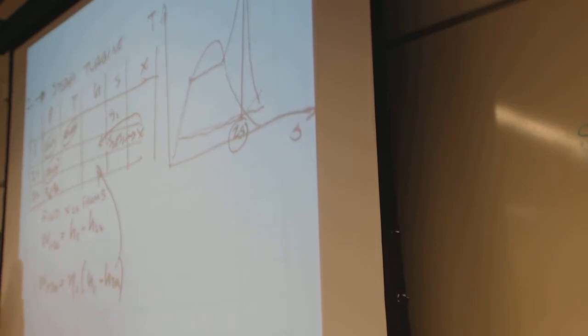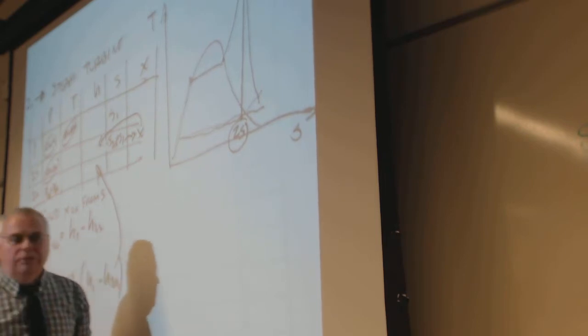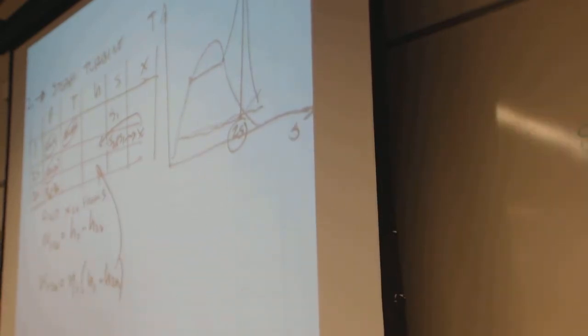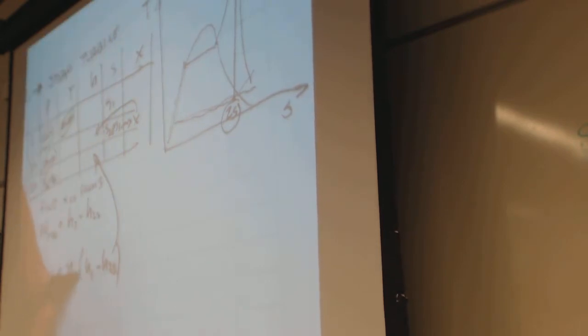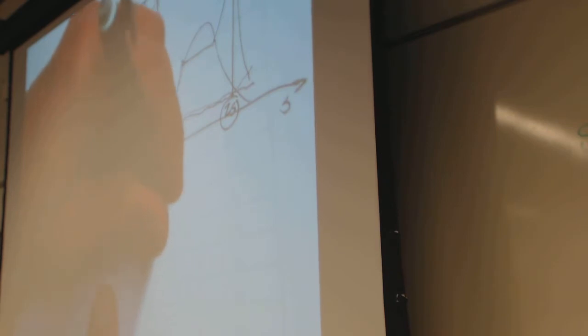Oh, wait a minute, I wrote something wrong there. Time to correct. H1 minus H2S times the efficiency gives you the work from 1 to 2A, or that's H1 minus H2A. That's how that works.